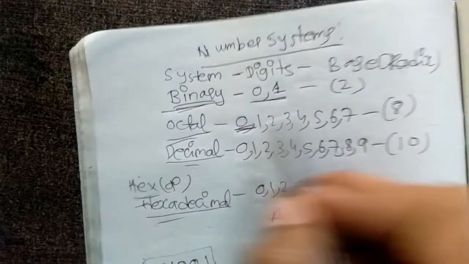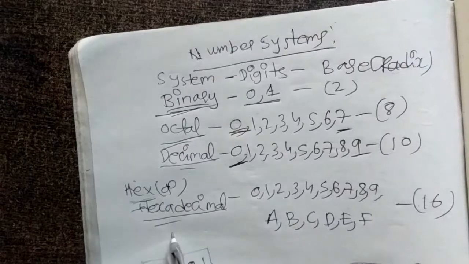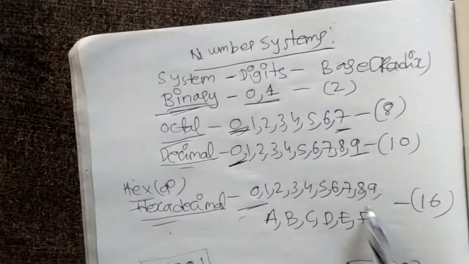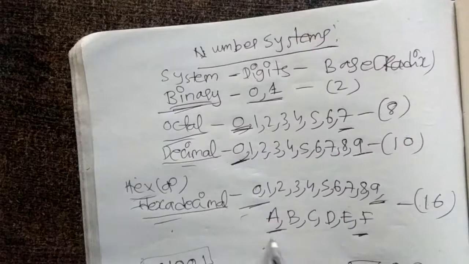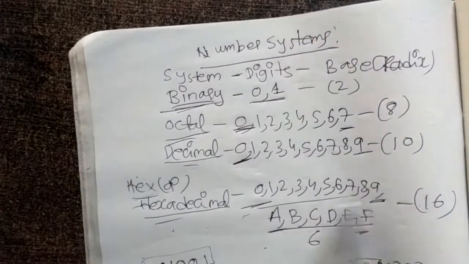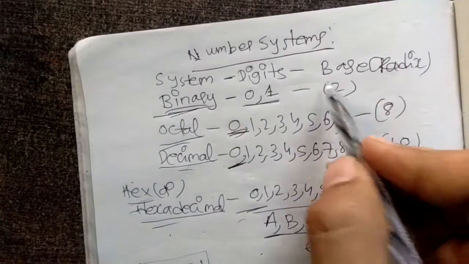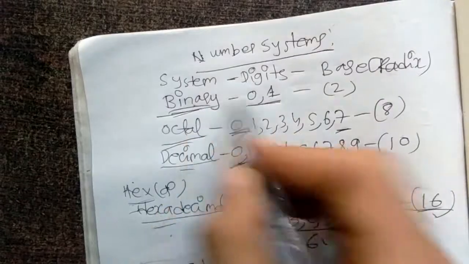The octal digits are from 0 to 7, and for decimal they are from 0 to 9. For hexadecimal, since we need 16 digits, we write from 0 to 9, those are 10, and then from A to F, a collection of 6. So 6 plus 10, you get 16. So these are the digits which the corresponding number systems use.